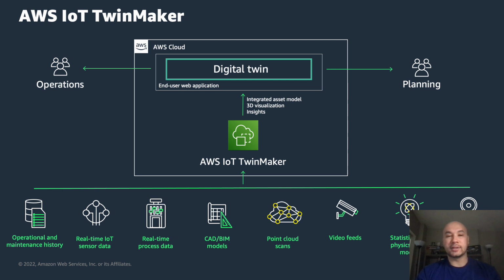And if the connector doesn't exist, being able to create your own connector and having that flexibility to pull in that information, and ultimately making the digital twin for your application and organization that is quickly and rapidly deployed and allowing you to make better business decisions.